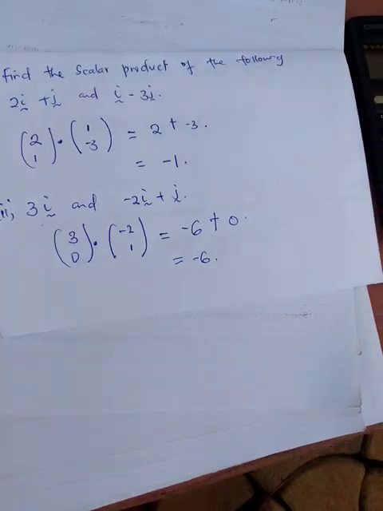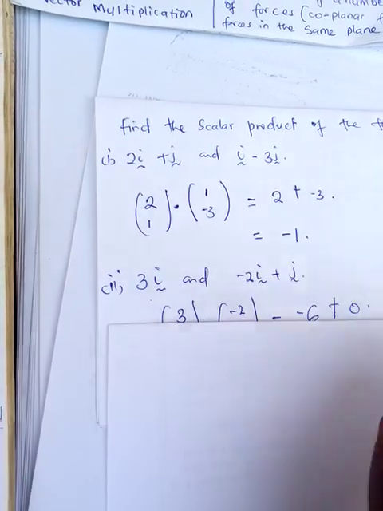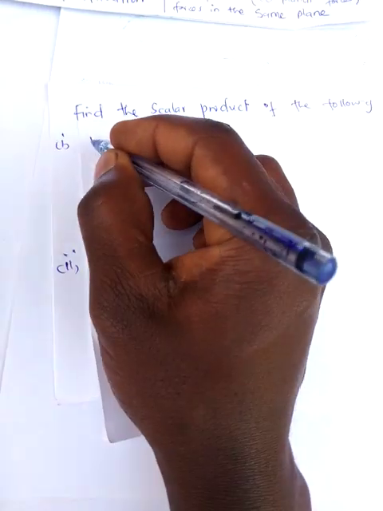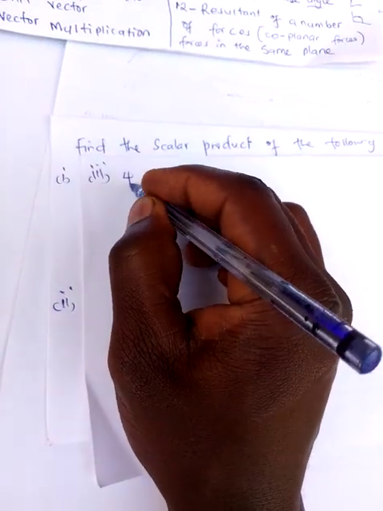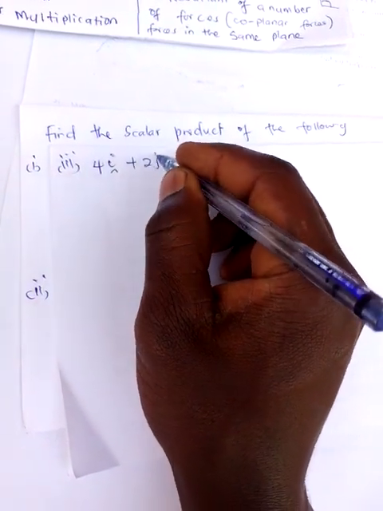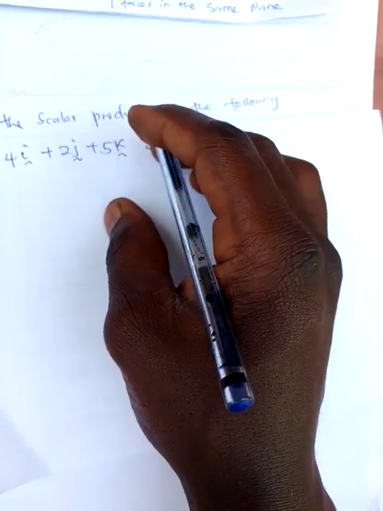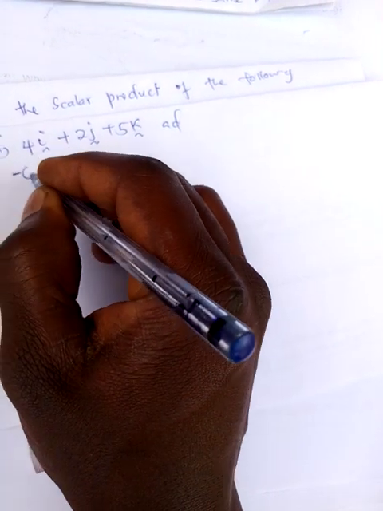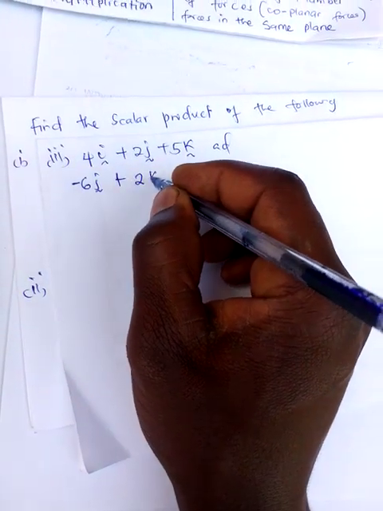See that? I can also say, Roman numeral 3, can also tell you, find the scalar product of 4i plus 2j plus 5k and negative 6j plus 2k.